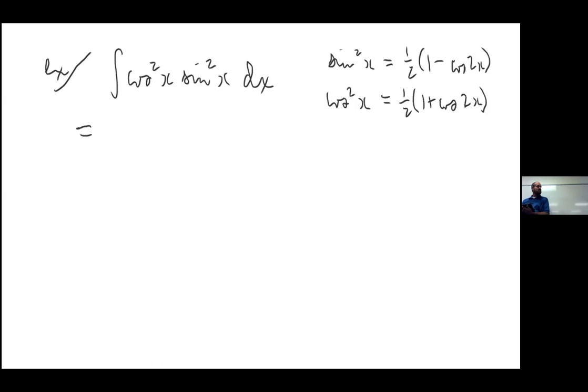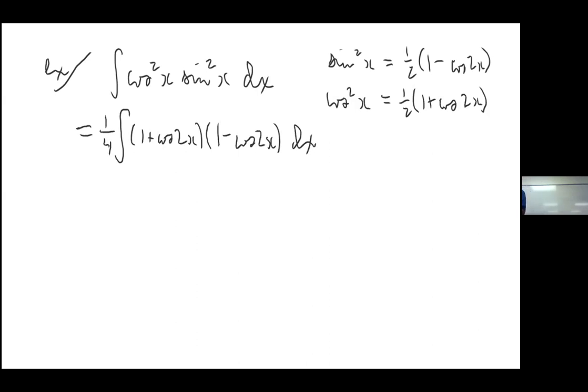Any progress here? If you just plug in the half angle identity straight up, I get a factor of 1/2 from each. So what constant can I pull out front? 1/4 times the integral of (1 plus cosine of 2x)(1 minus cosine of 2x) dx.